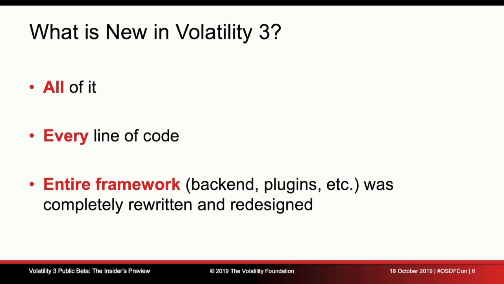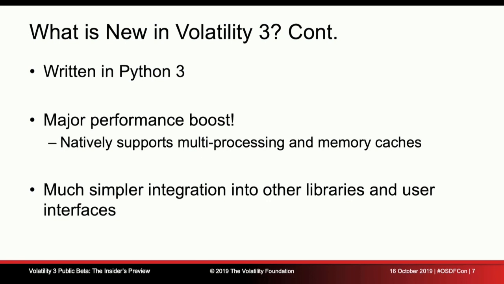And the entire framework has been rewritten, therefore. So plugins, backend, everything like that has been rewritten. Since the concepts are very, very similar, porting over plugins and changing them to work with Volatility 3 shouldn't be too difficult. But the idea is that it will give you a lot more support and structure, and it's actually been designed to work as a framework.